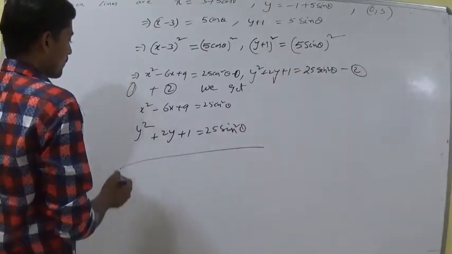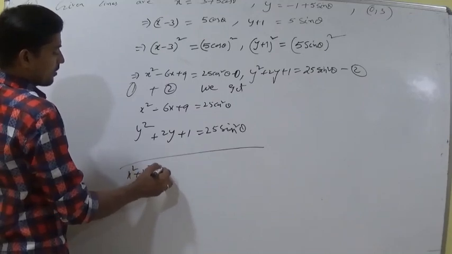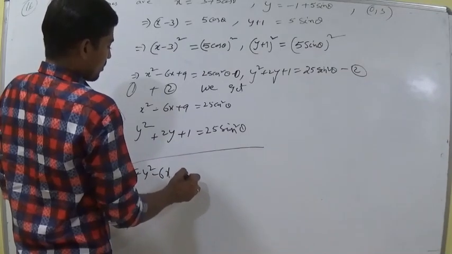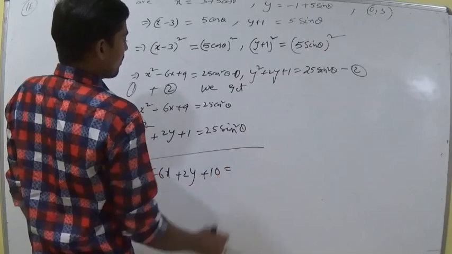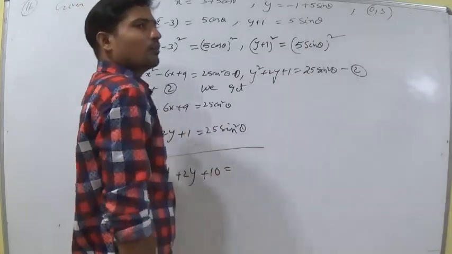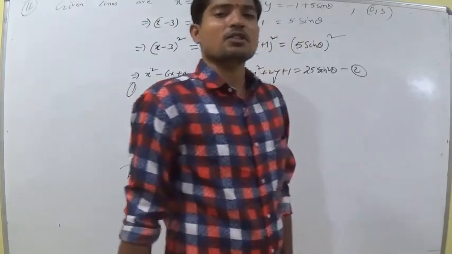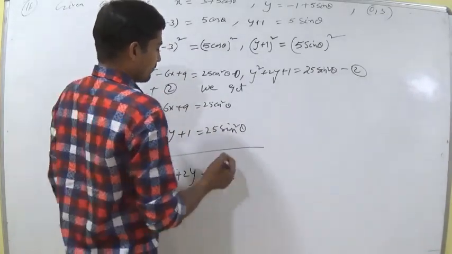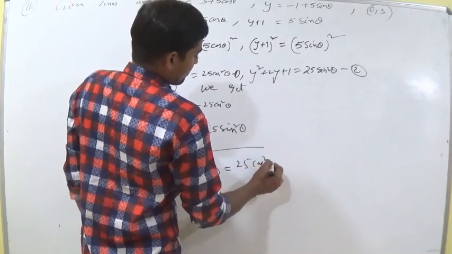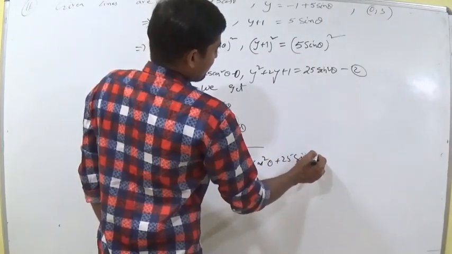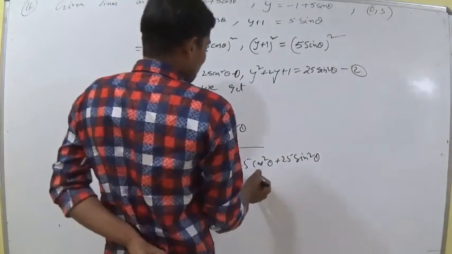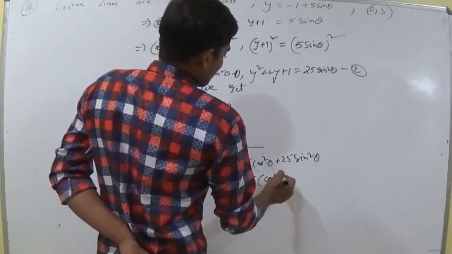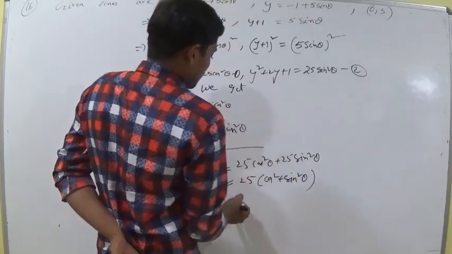Adding here, it becomes x square plus y square minus 6x plus 2y plus 10 equal to 25 cos square theta plus 25 sin square theta, 25 as common, cos square theta plus sin square theta, which becomes 25 into 1, equal to 25.